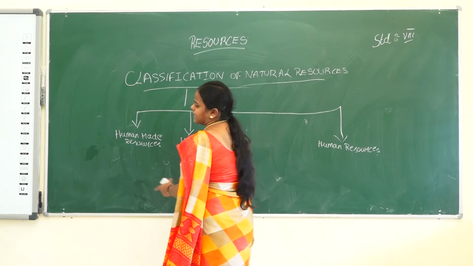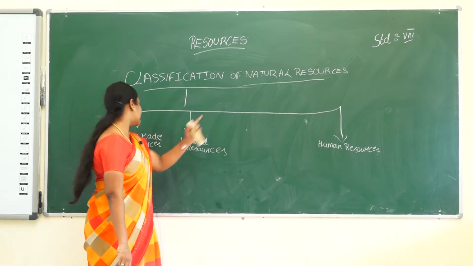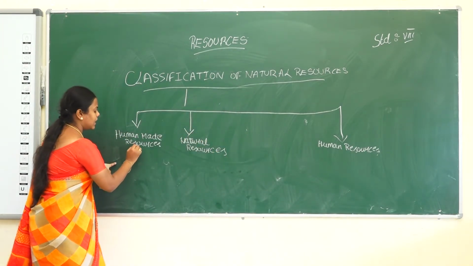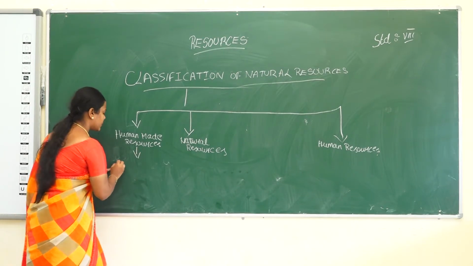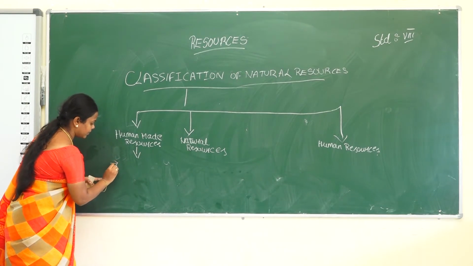Now we can see them one by one. The first one is human made resources. It has been further divided into two categories.